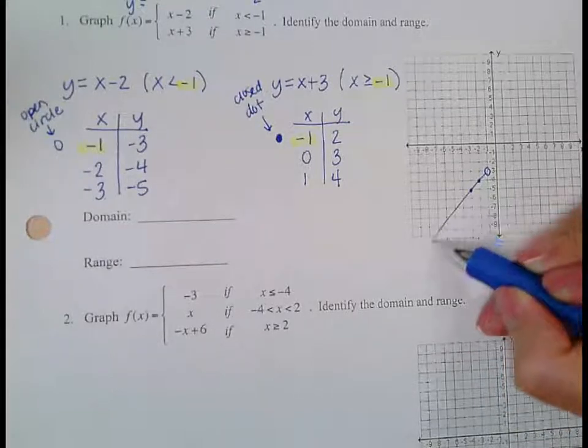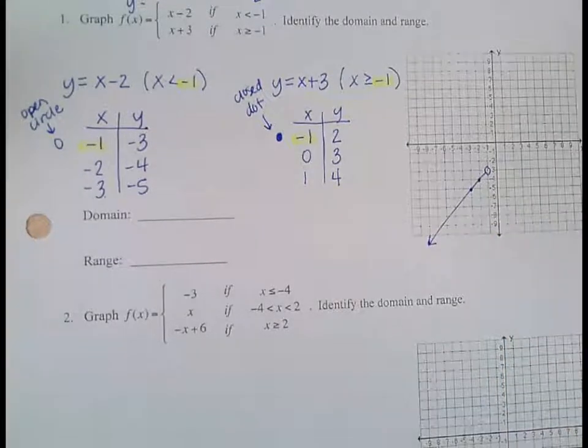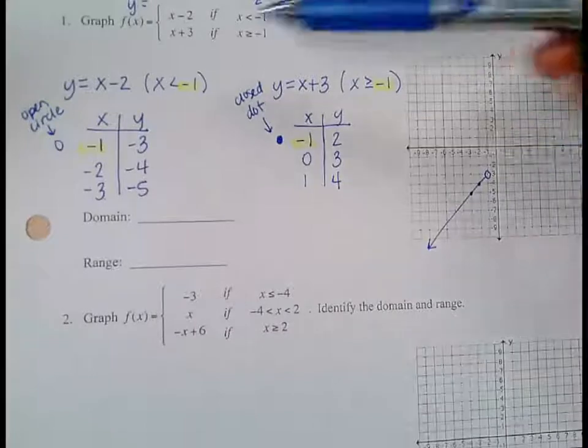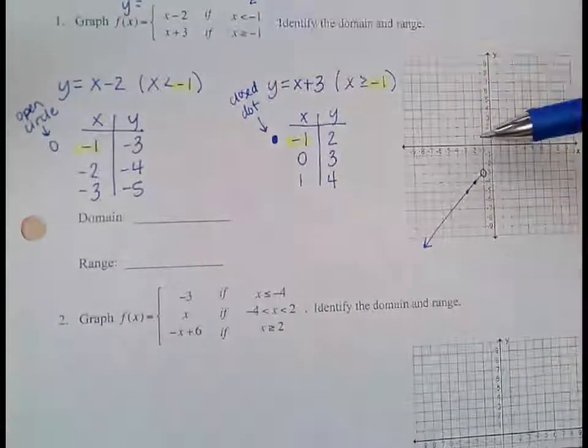So that's going down and to the left with an arrow at the end, but I do not extend it through the other direction. That's because that first endpoint would be at the x value -1, and it's only for values of x less than -1, so it's just to the left.